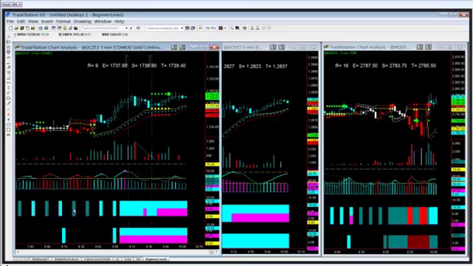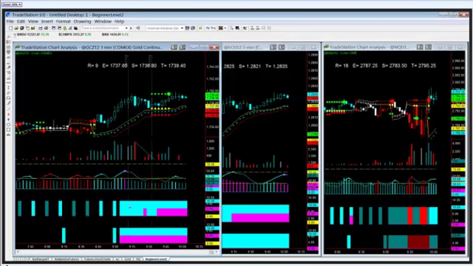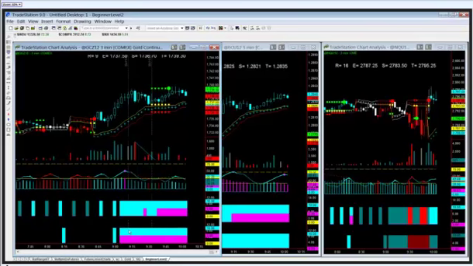So the dark blue tells me that the ADX on the 12-minute chart is decreasing. The bright blue tells me that the ADX on the 12-minute is actually increasing. The one directly beneath that is the ADX from the 45-minute chart.